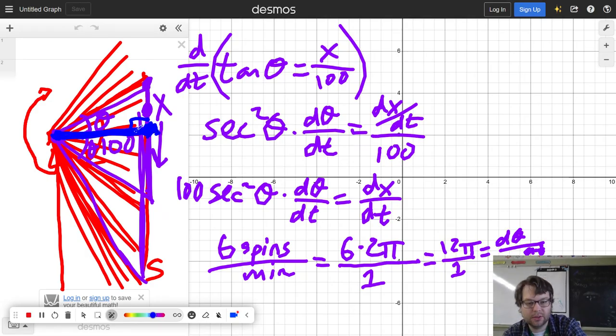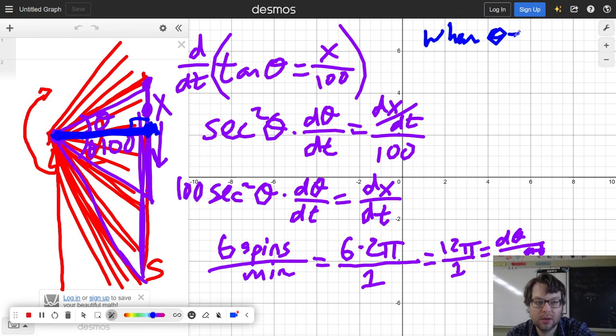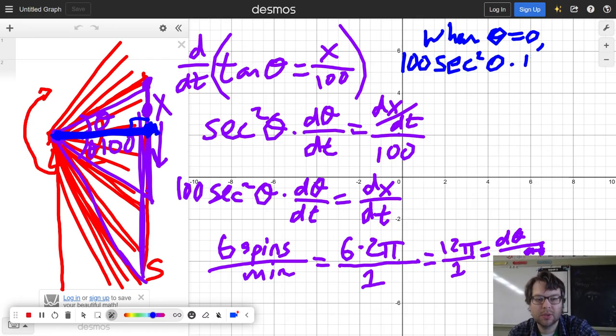Theta is equal to 0. So I'll do that up here in the top right corner of the screen. When theta equals 0, our derivative, 100 secant squared of 0 times d theta dt, which is 12 pi, that's going to be my speed dx dt.